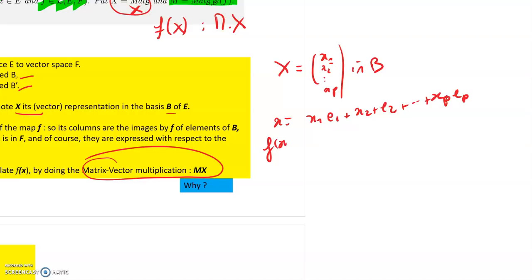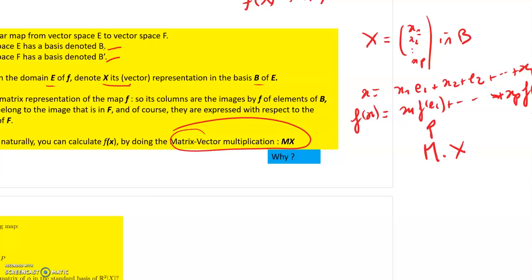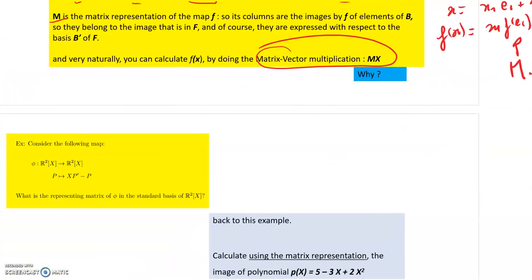And so f of x is just going to be x1 f of e1, etcetera, plus xp f of ep, and each of these f of e_i corresponds to one of the columns of the matrix of the map. So that's exactly the matrix multiplication M times X. And that's just a writing of this matrix vector multiplication.